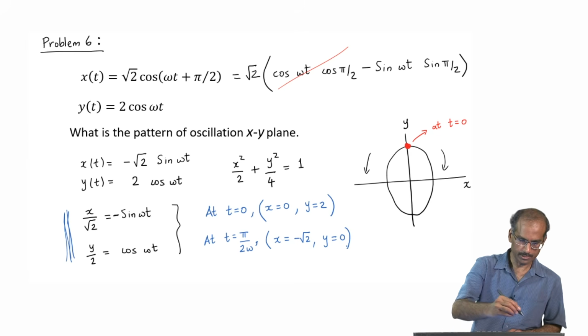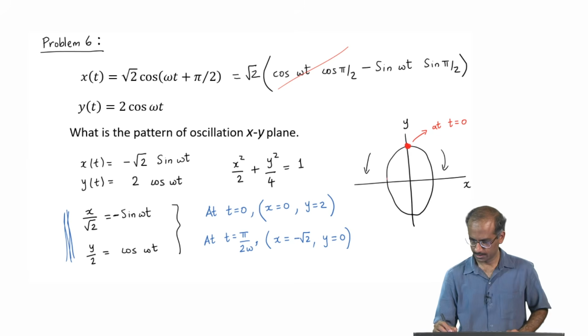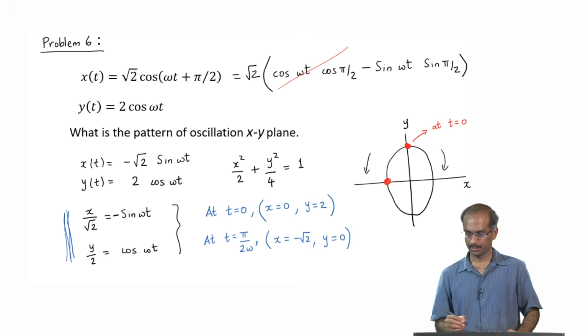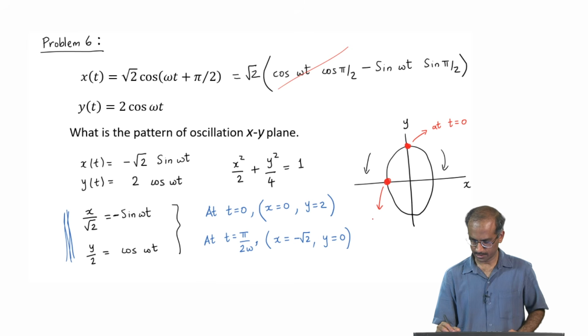And where is this point? This will be a point that is located here. So, this is the position at t equal to pi by 2 omega.